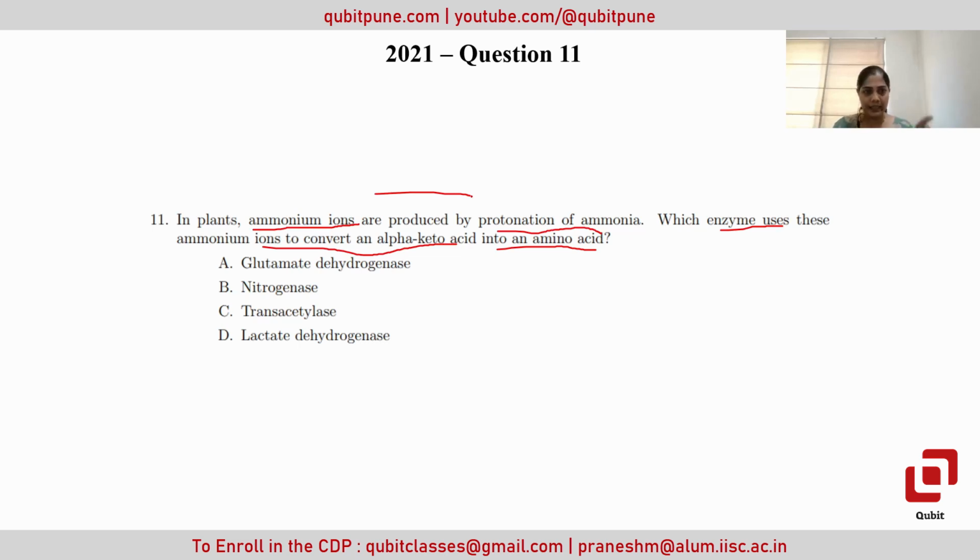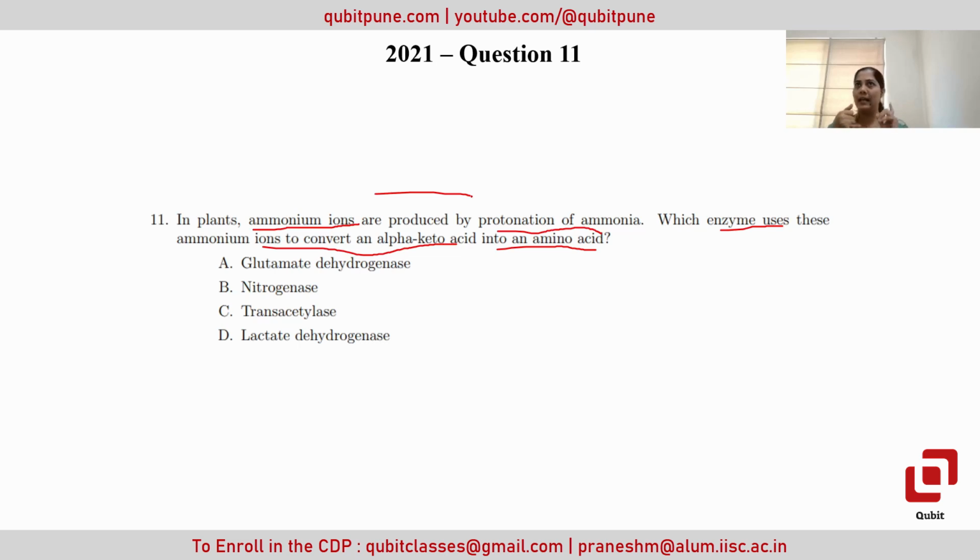So if you are seeing the options over here, the glutamate dehydrogenase will ultimately be converted into the acidic form, which is glutamic acid. And glutamic acid is one example of the amino acids. So you can easily correlate this in a logical way if you are not really sure about glutamate dehydrogenase.